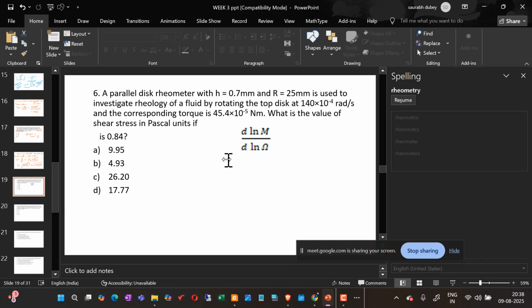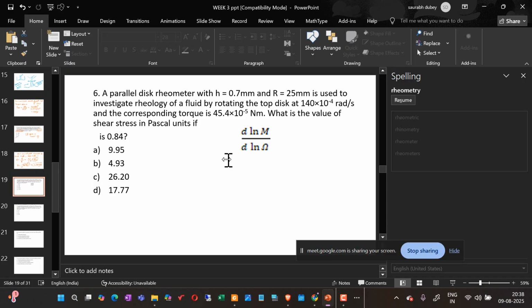Okay. So now the parallel disc rheometer, which was the last lecture of the week, and here you came to know that instead of having cone at the top, which is shearing, now you are having disc only, and the distance between two discs here is 0.7 mm, which is very less, around 700 micrometer, and then r equals to 25 mm, right, is used to investigate rheology of fluid by rotating the top disc at 140 into 10 to the power minus 4 radian per second, and the corresponding torque is 45.4 into 10 to the power minus 5 Newton meter, right?